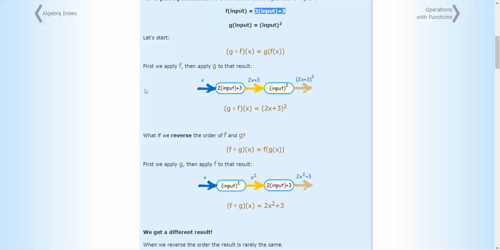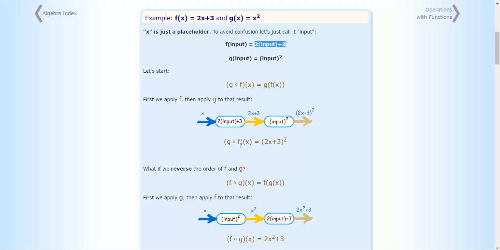There we go. So if we reverse, associativity here doesn't work. This is not really a property that could result in the same thing. If you reverse the order of g and f, you start off with g of x, which is x squared.